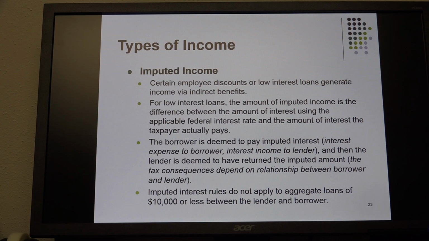And so there, the imputed income that the person receiving the benefit of the bargain purchase has to include in their gross income is the difference between what they bought the property for versus what the property was really worth at the time of the transaction.